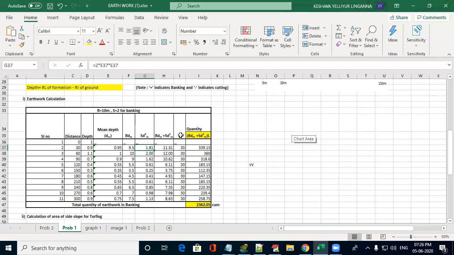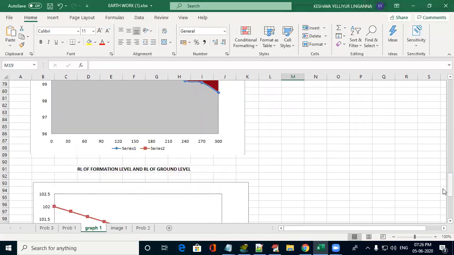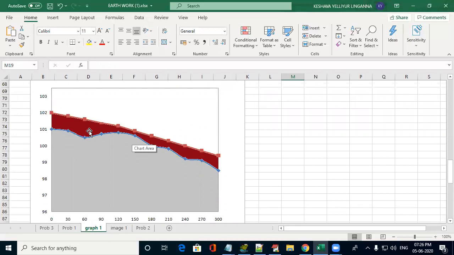Next is L, which is constant. This is 30 because we are working out these values at every 30 meter interval. The DM which you have taken: here the difference is 1 meter and here the difference is 0.9, and we have taken the mean depth as 0.95.